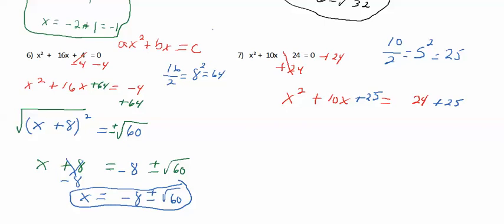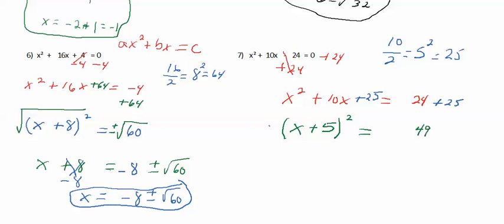Okay, what I did over here on the left side is I made a perfect square trinomial. I have my x, I have my 5, put a plus, square it, is equal to 24 plus 25, so I've got 49.